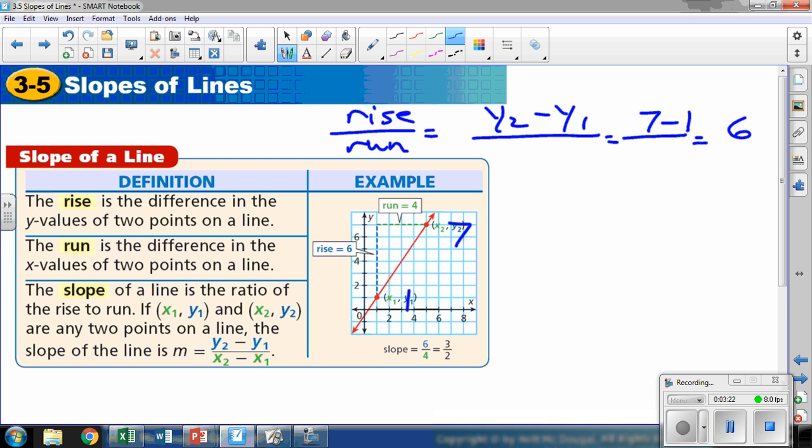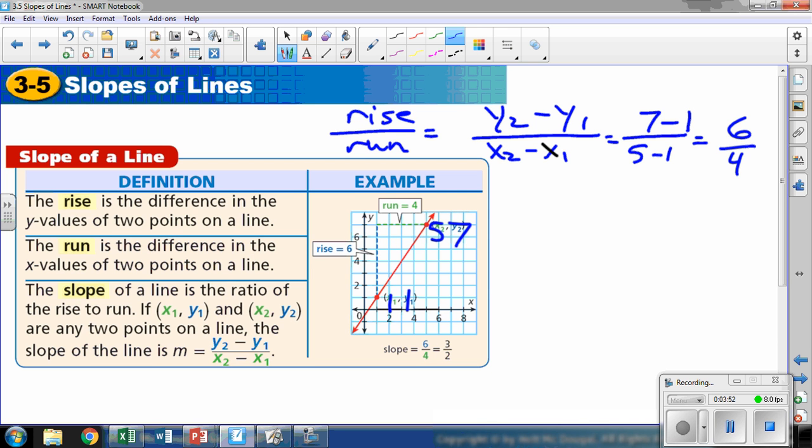And of course, we have to do the exact same thing for the x-coordinates. Our x-coordinate here is 5. Our x-coordinate there is 1. Finding the difference in x-coordinates, 5 subtract 1 gave us 4.